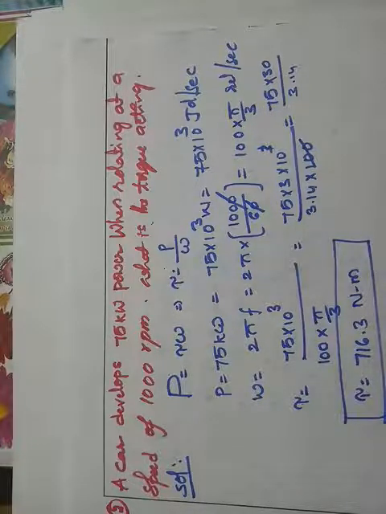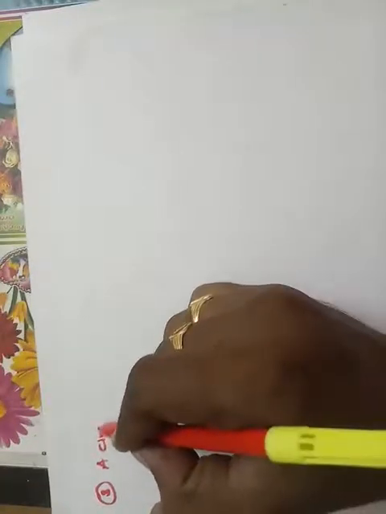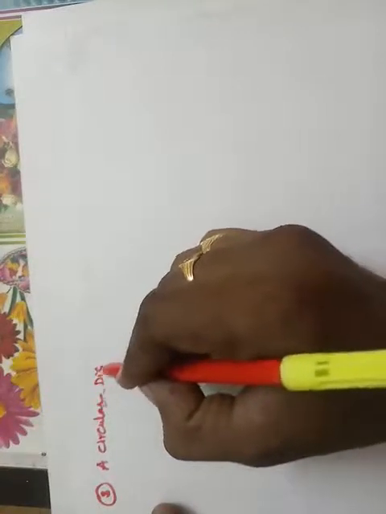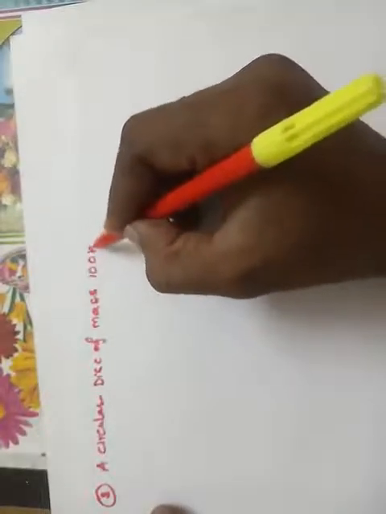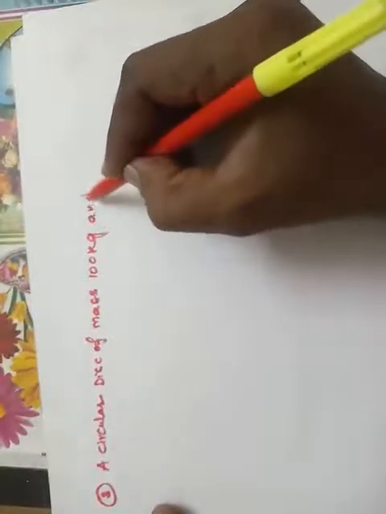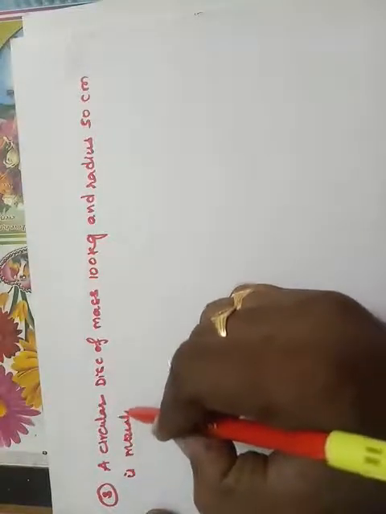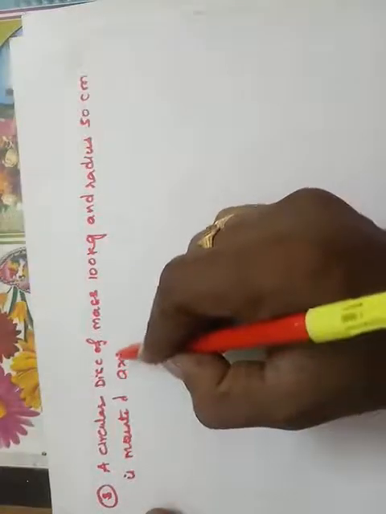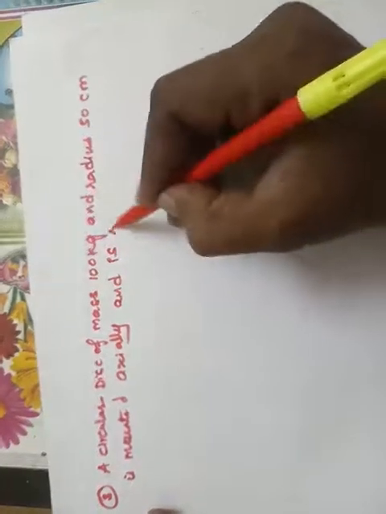Now let's go to another problem. Now the third problem is: a circular disk of mass 100 kgs and radius 50 centimeter is mounted axially and is rotating.